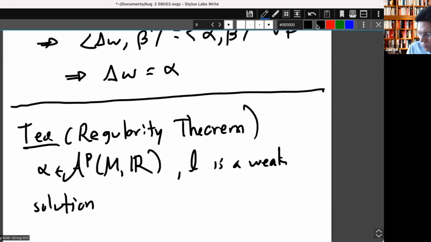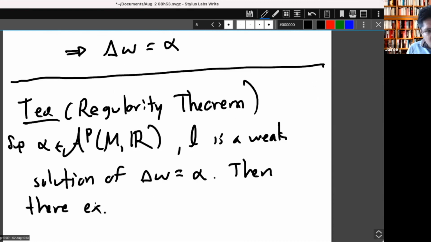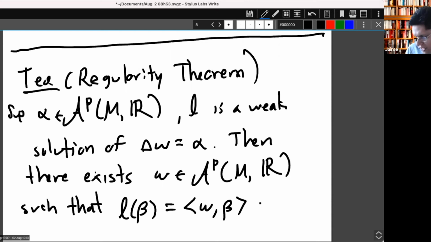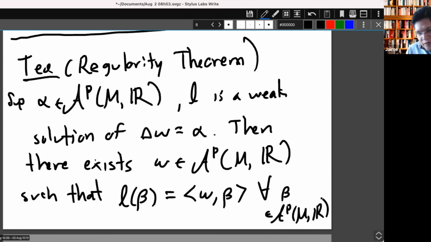So the regularity theorem says that whenever you have a form and a weak solution, which is just a bounded linear functional with some property, suppose you have a form, a weak solution of the Laplacian equation, then there exists a differential form omega such that the linear functional applied to any beta is actually the inner product of beta with that omega, for every beta, a differential form as well, right?